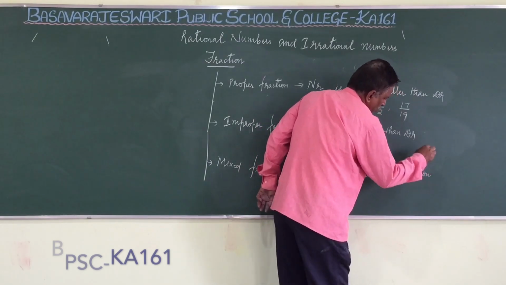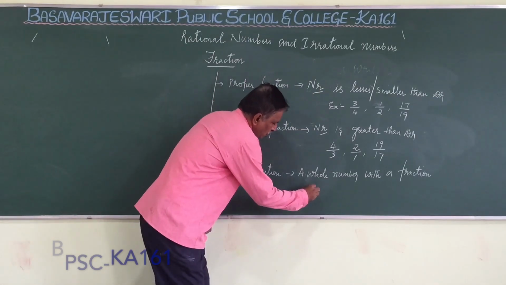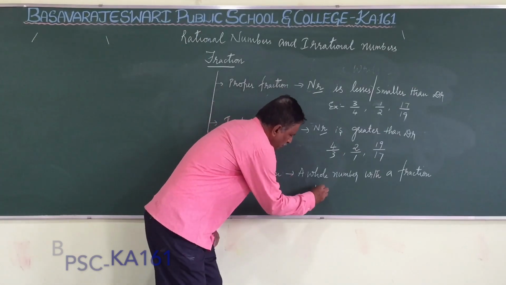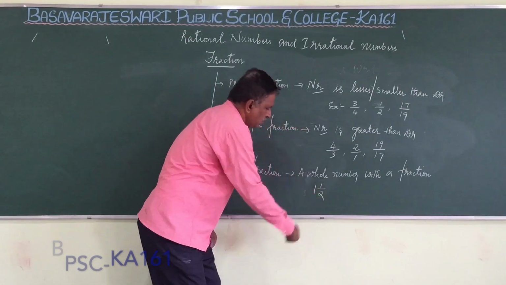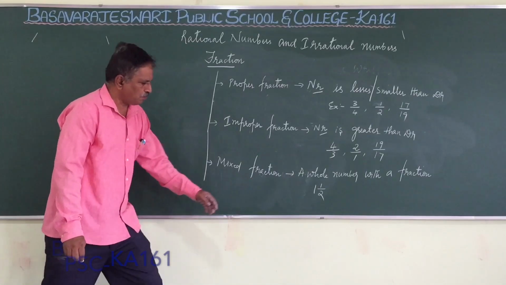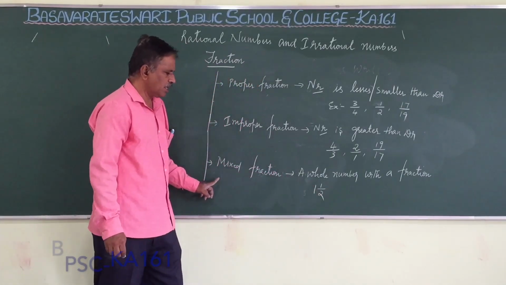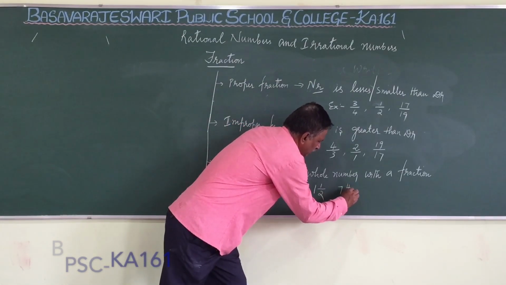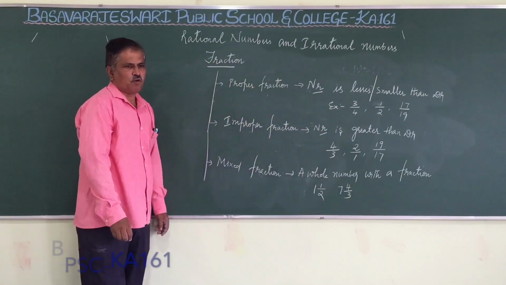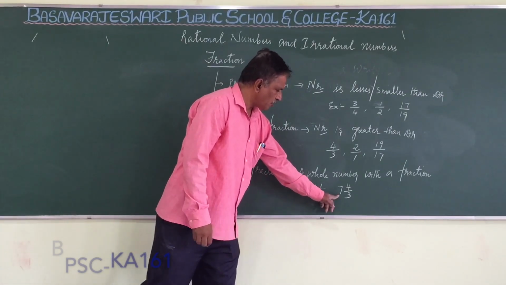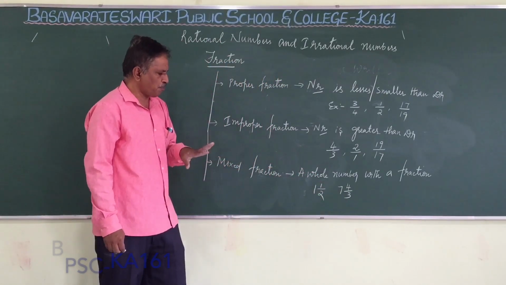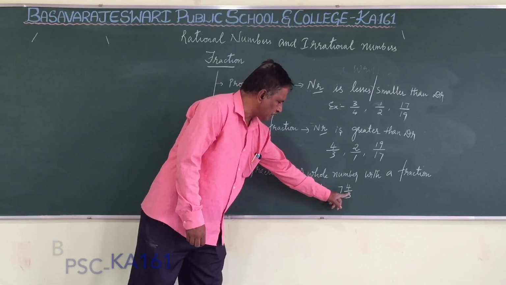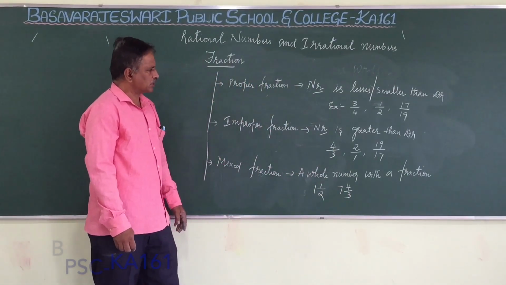See, for example, 1 is a whole number, so a whole number with the fraction 1 by 2. A whole number with a fraction is called a mixed fraction. So 7 and 4 by 3, a whole number with a fraction. The fraction may be proper or improper. Here I have taken proper, here I have taken improper. Whole number along with the fraction is called a mixed fraction.